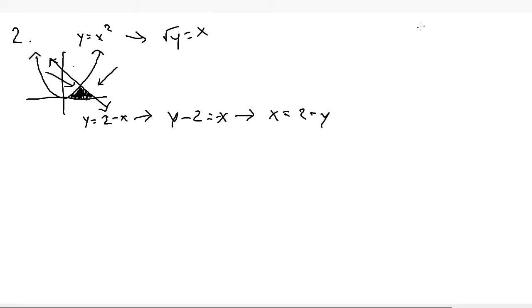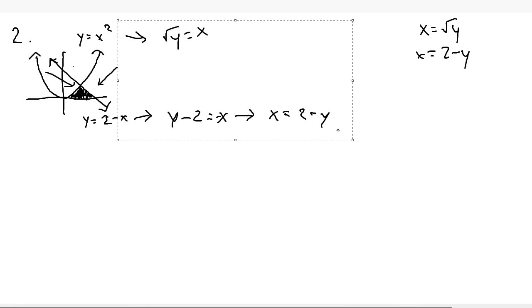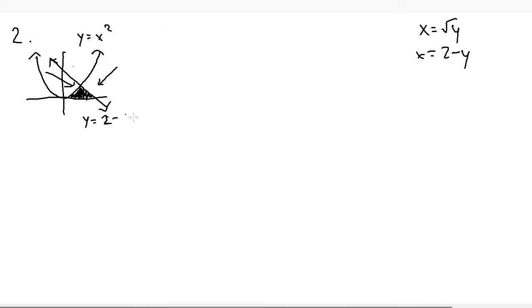I'm just going to put those on the side here. So x equals the square root of y, and x equals 2 minus y. Now I can set up my integral. We have the integral of the right curve minus the left curve.